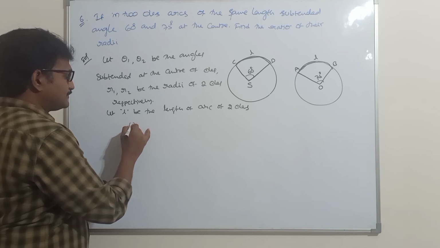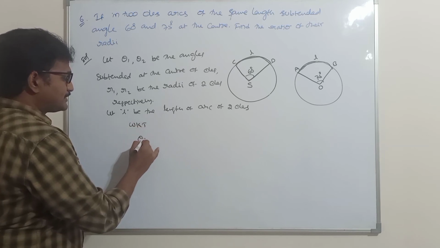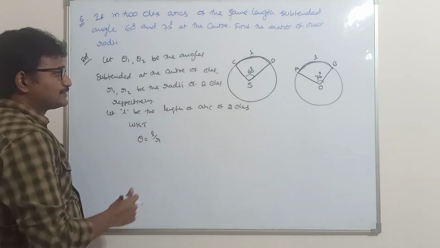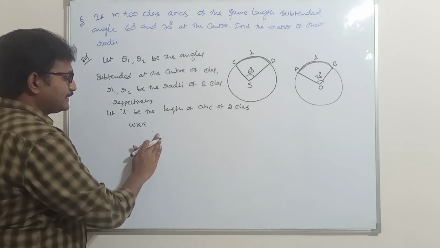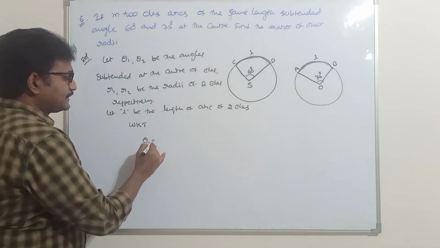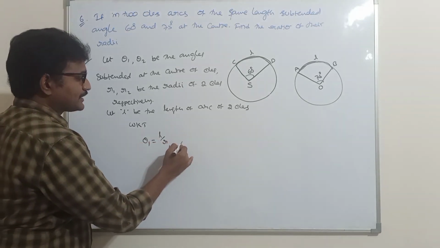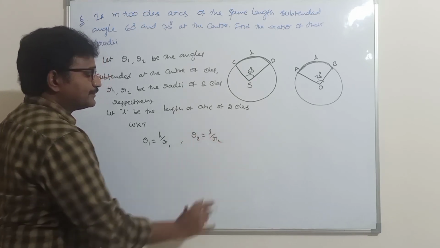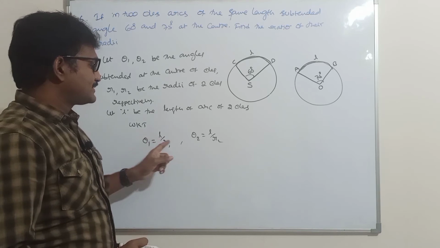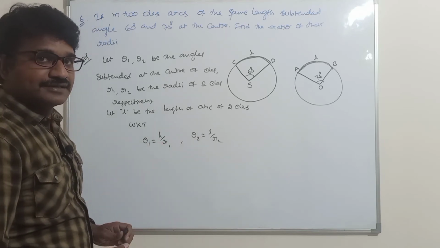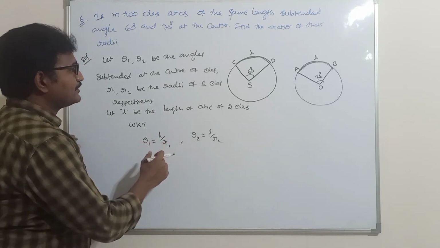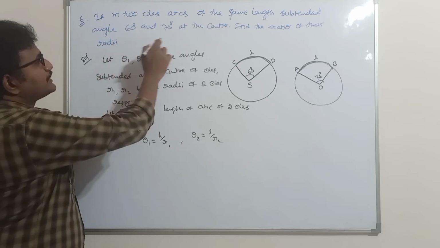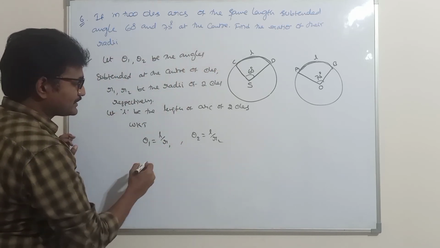We know that theta is equal to L by R. So for the first circle theta 1 is equal to L by R1. For the second circle theta 2 is equal to L by R2, because the length of the arc is the same for both circles. We need to find the ratio of radii, so that means R1 by R2.